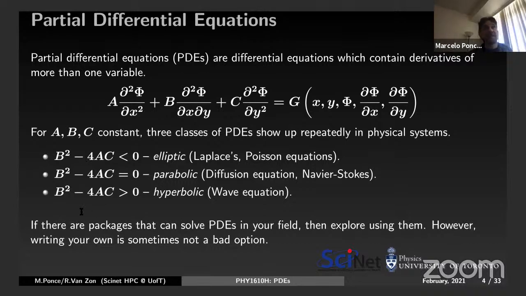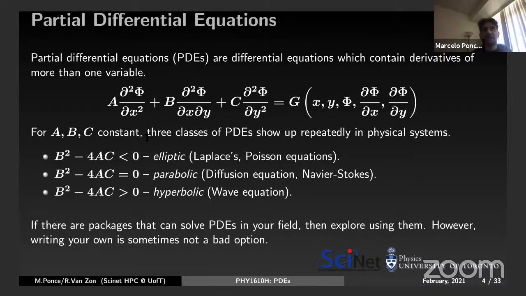This resembles, in a straightforward manner, the discriminant of a quadratic equation. Sorry, it's b squared minus 4ac, where b, a, and c are the constant terms in front of each of the derivatives.